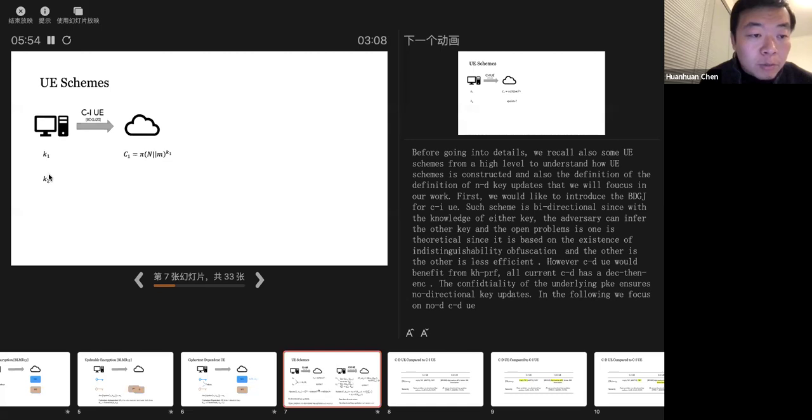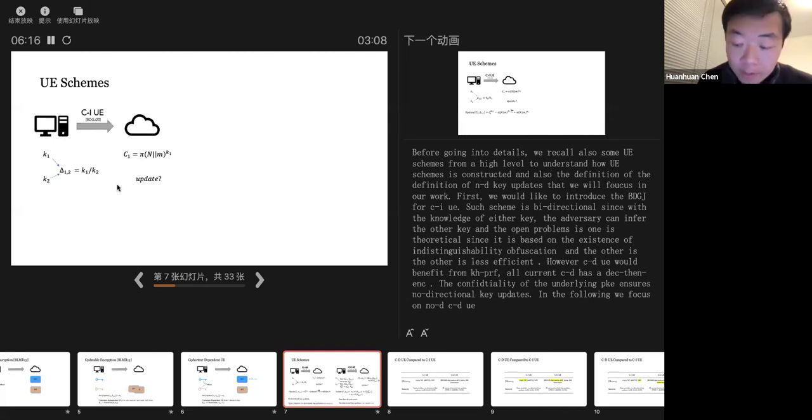And with the new K2, how can we generate the token and how can we update it? Actually, it's very simple, just by computing K1 over K2 as the token, and then sending the token to the cloud.